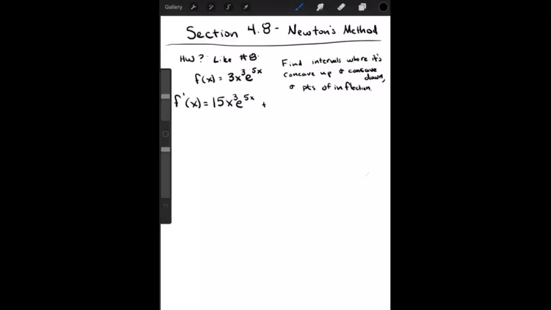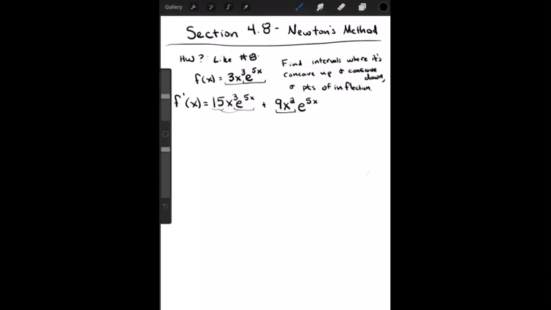So this is a product of two functions. So we take the derivative of the second multiplied by the first. And then we take the derivative of the first multiplied by the second. Right?